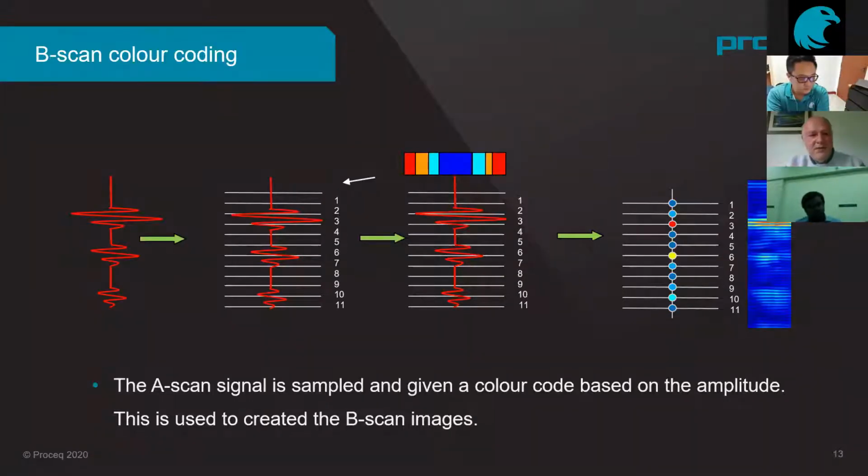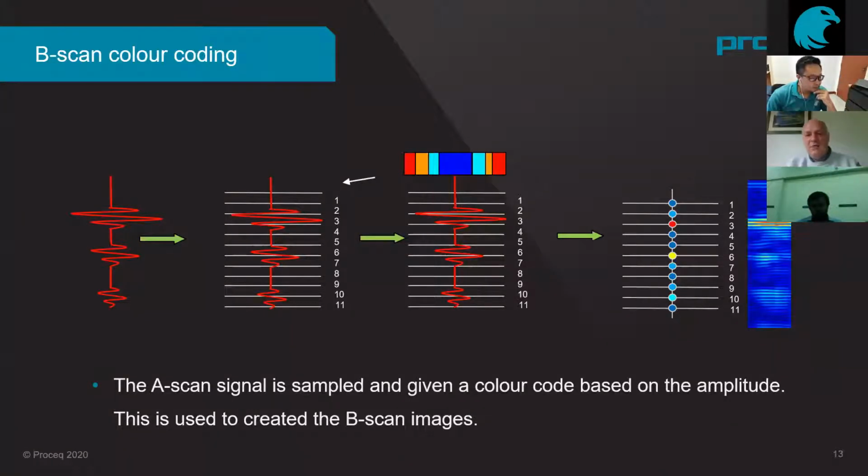To convert the A scan into an image which is easier to understand, we use color coding. You can see here that we sample the A scan, and we assign a color code to the amplitude. Red indicates the highest amplitude, blue indicates the lowest amplitude.